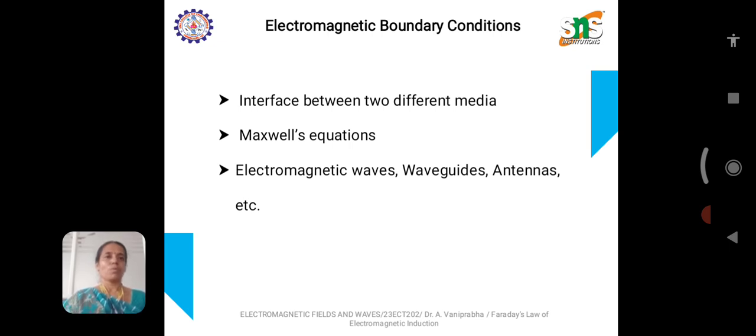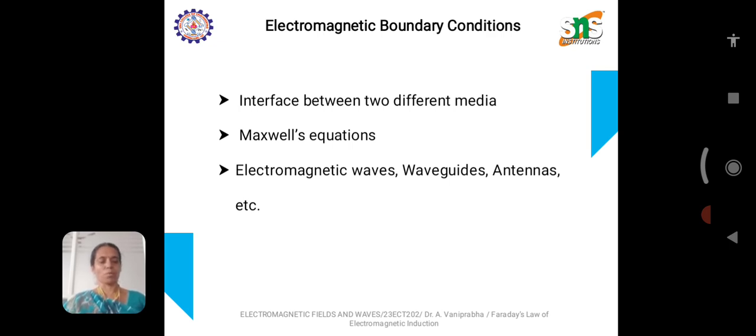So here we are going to discuss the boundary between two different regions. Since it is electromagnetic, as we discussed before, Faraday's law experimented that a change in magnetic field induces an electric current. Vice versa, Maxwell's concepts deal with a change in electric field inducing a magnetic field.